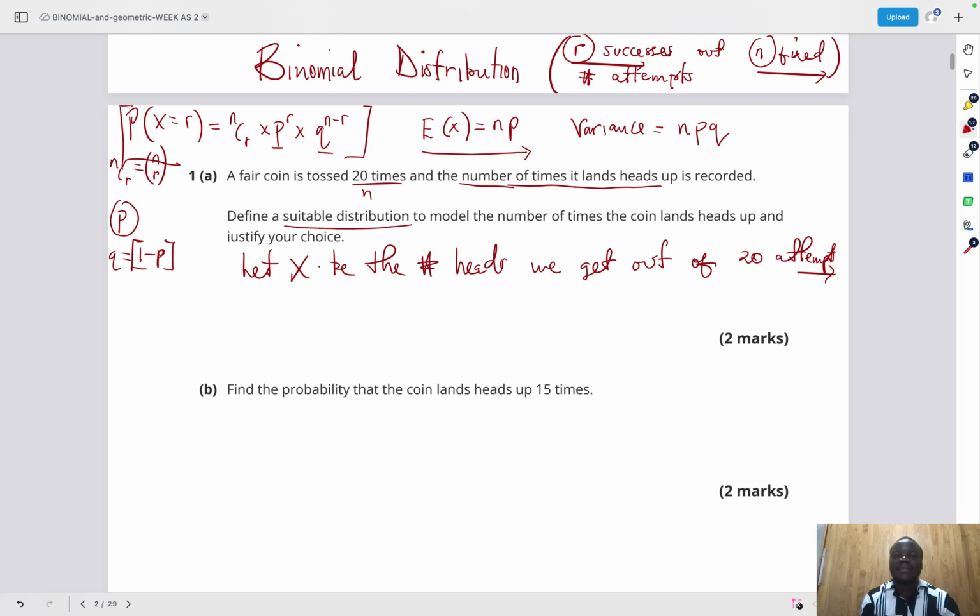So now x is talking about the number of successes out of 20 fixed attempts. If that be the case, then we are saying x is a binomial distribution, which we normally write as this, where this is 20 and then the probability of success is 0.5.